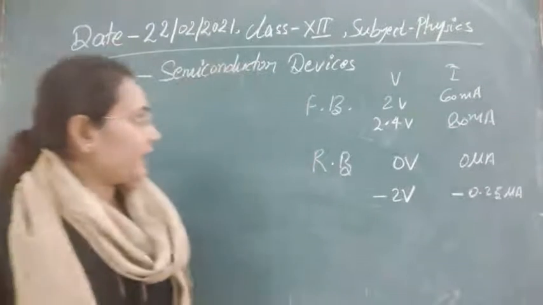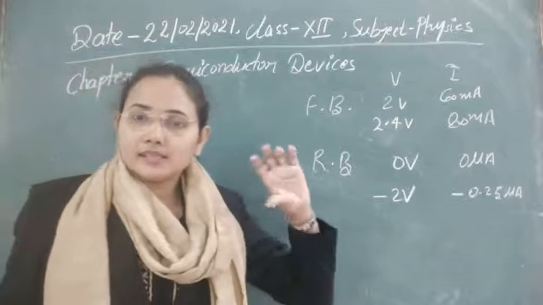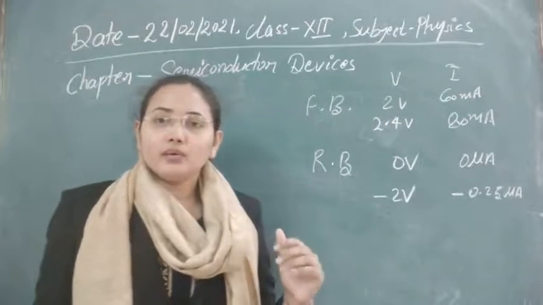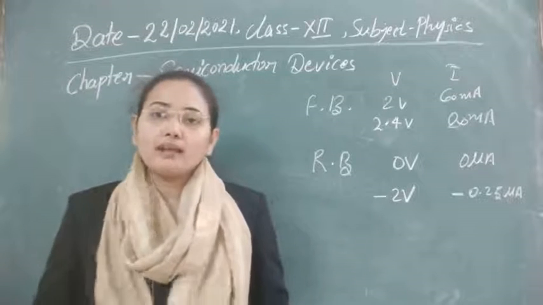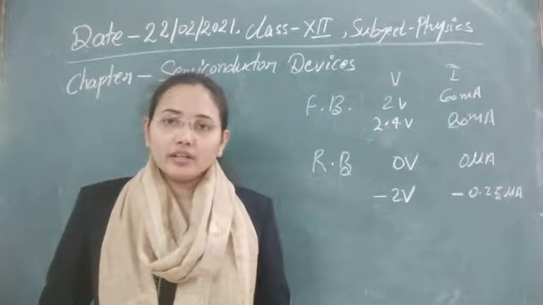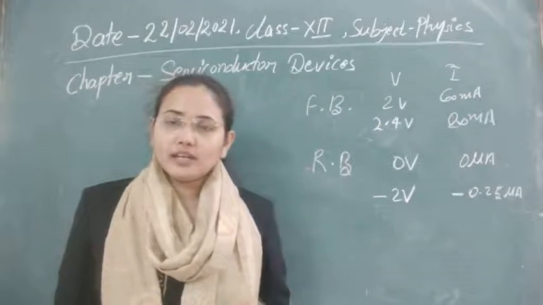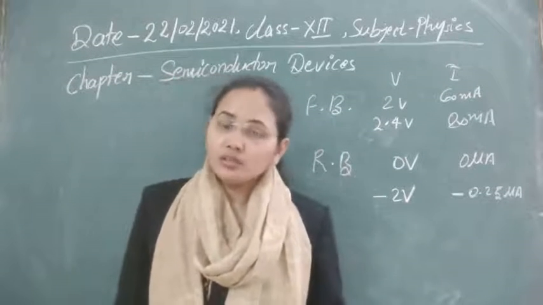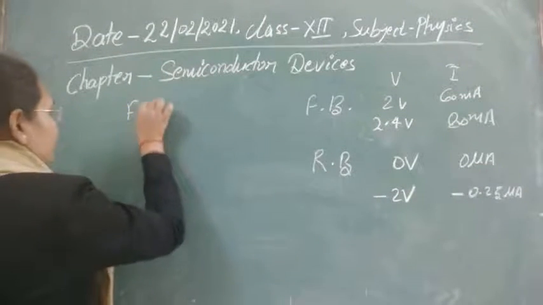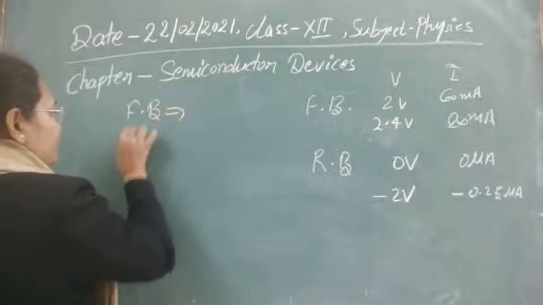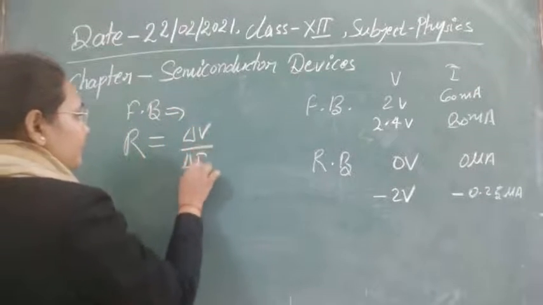So easily, if the characteristic is totally linear, then you know that for the linear case we can use Ohm's law to calculate the resistance. So according to that we can calculate delta V, delta I, the ratio of delta V and delta I will be equal to the resistance there. So in case of forward biasing, the resistance will be given by delta V by delta I here.